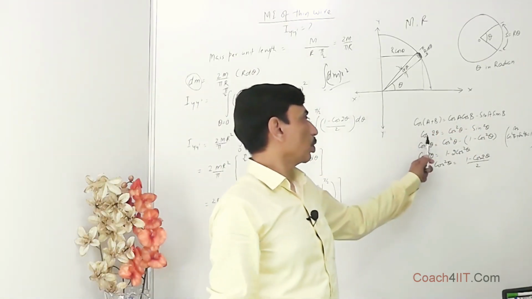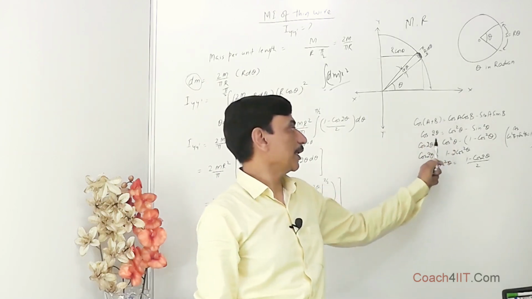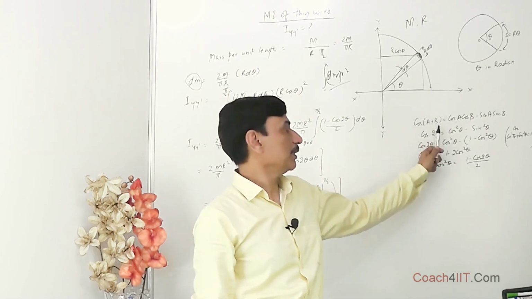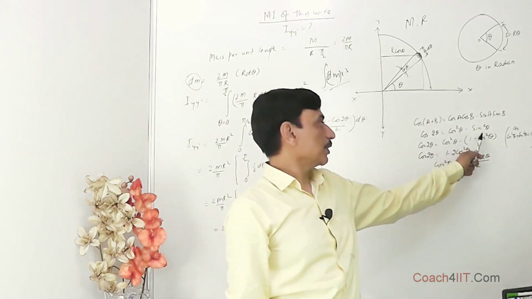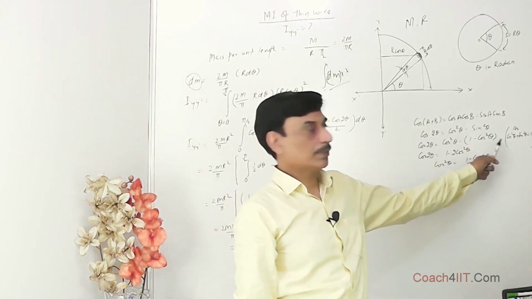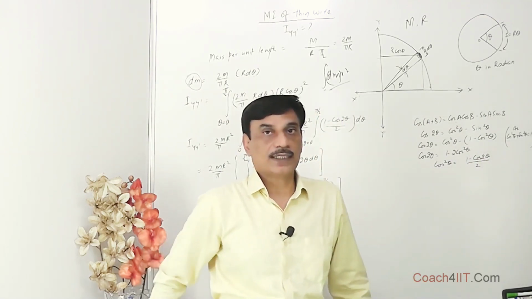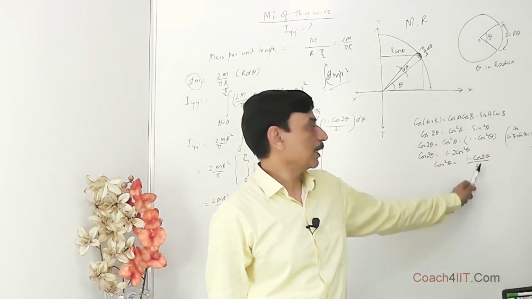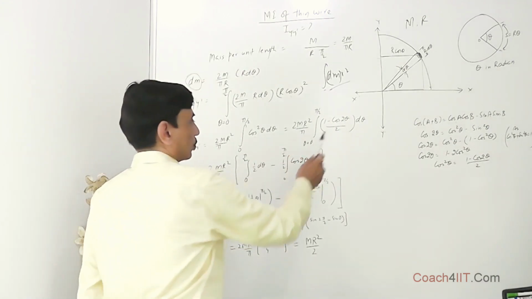With a equal to b equal to theta, cos 2 theta is cos square theta minus sin square theta. Using the identity cos square theta plus sin square theta equals 1, cos square theta equals 1 plus cos 2 theta by 2.